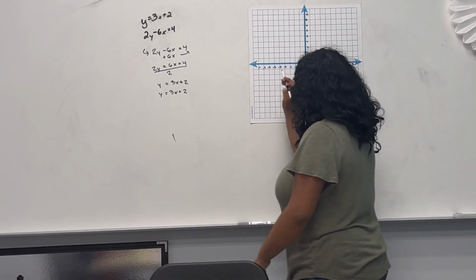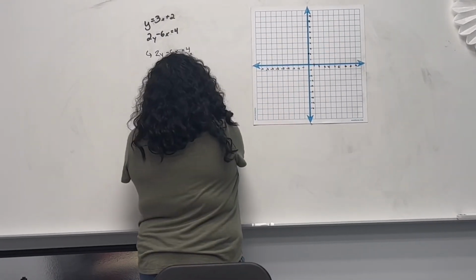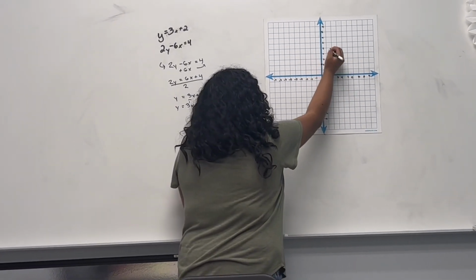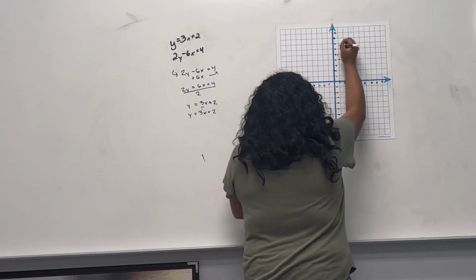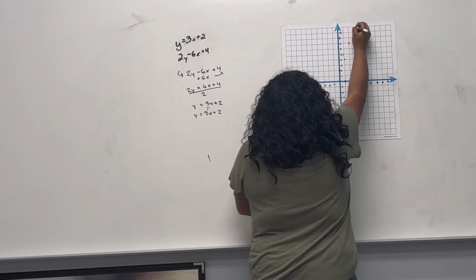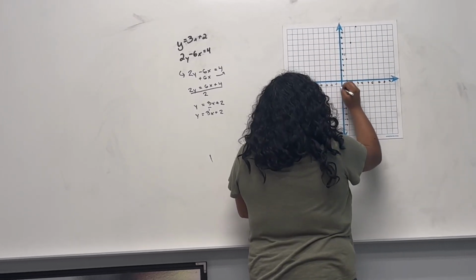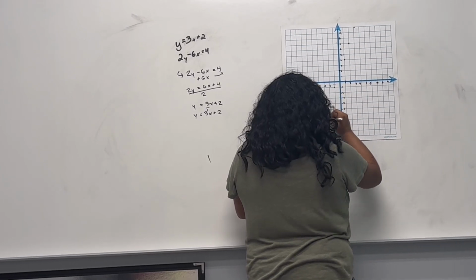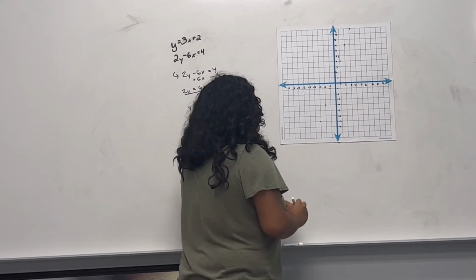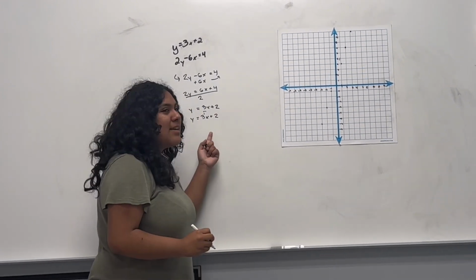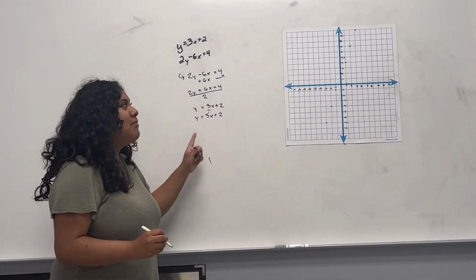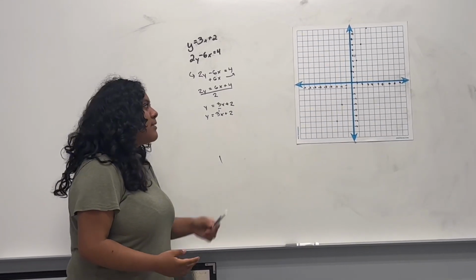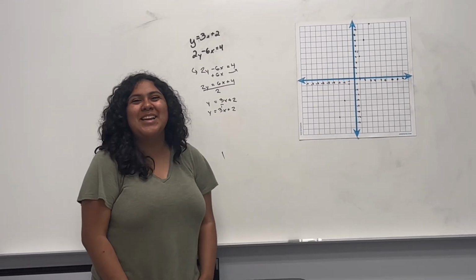So go up 3, go up 3, go down. These are the exact same lines, so no matter how you do it, they're gonna be the same. There's no intersection, because they're the exact same. So the same line. And that's it.